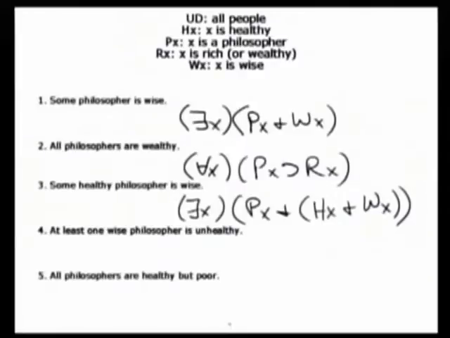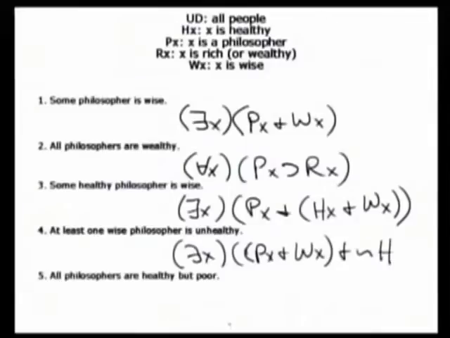Okay, Brad, how about number 4? There exists an X such that PX and WX and not HX. Yeah. There are a couple of things to be said here.